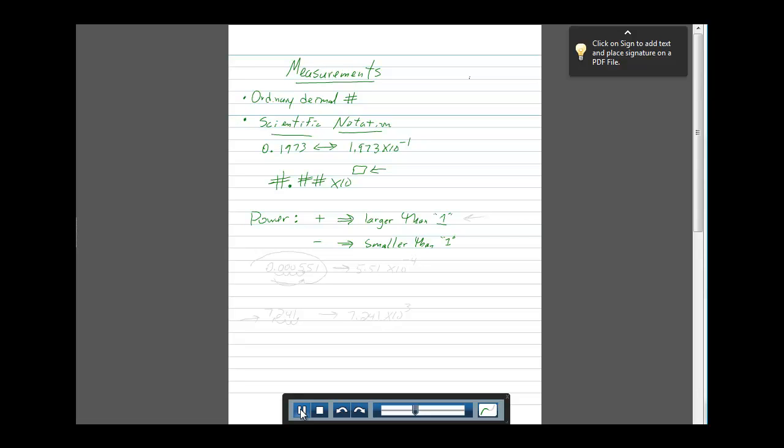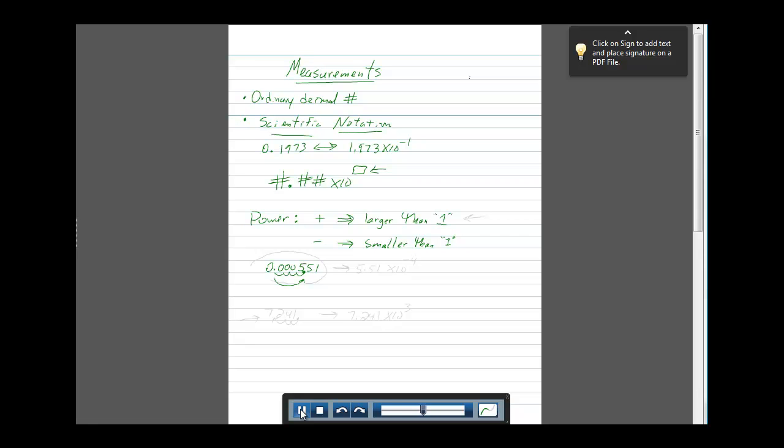Now, let's take a look at some numbers and how we go back and forth from one to the other. For example, if you have an ordinary decimal number, 0.000551, to express that in scientific notation, you would take the number and locate the decimal point and move the decimal point the number of times to get that decimal point from where it is to just to the right of the first non-zero digit that you have.